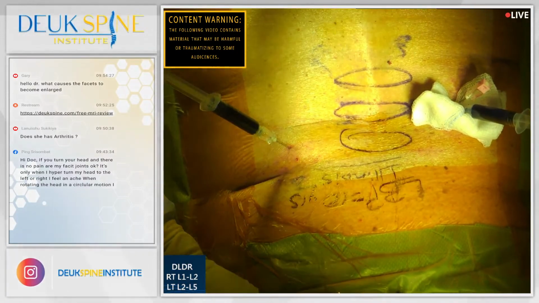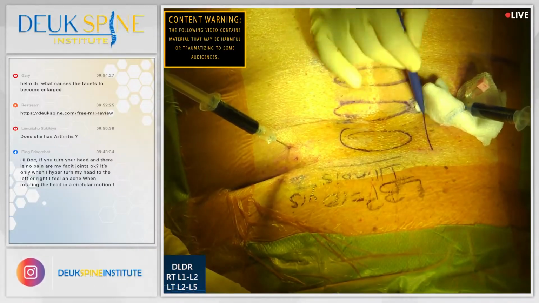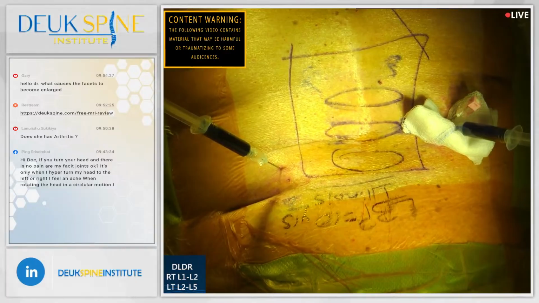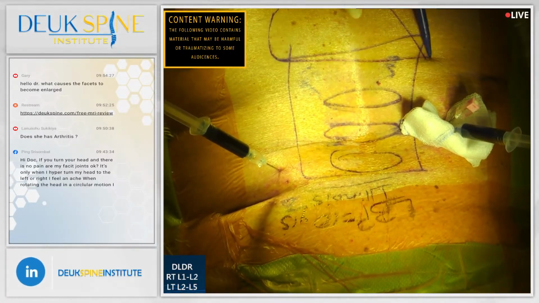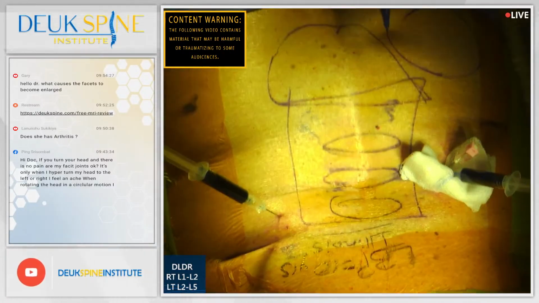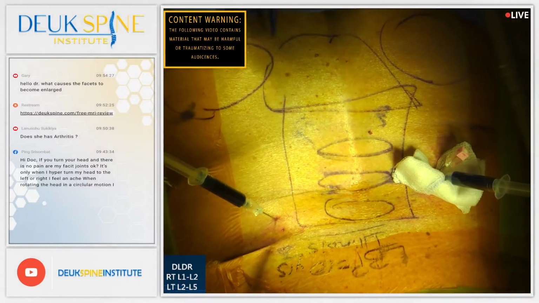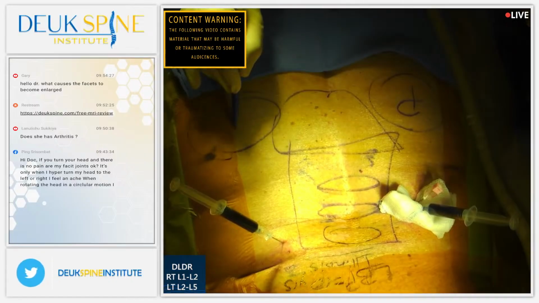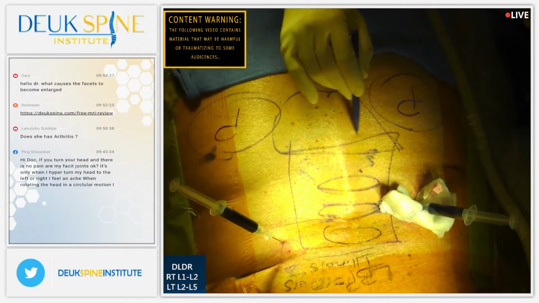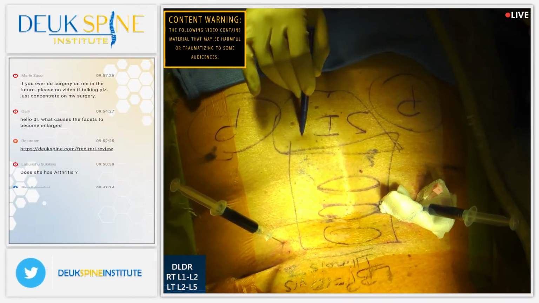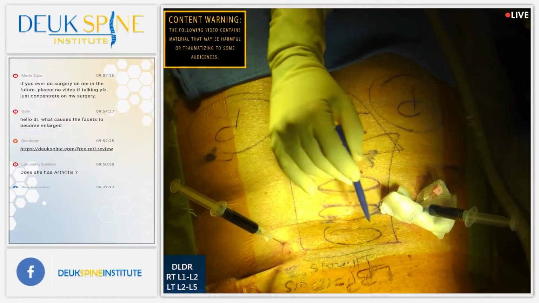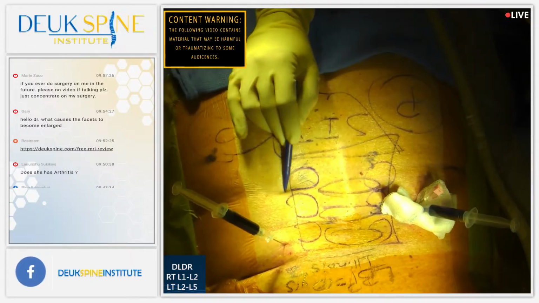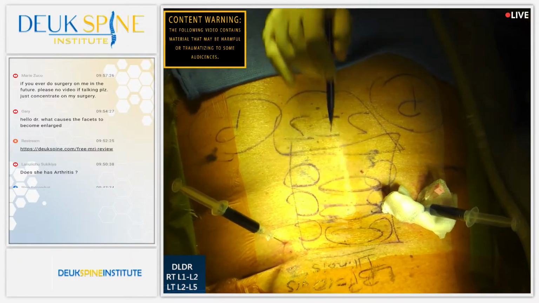When I asked her where her back pain was, she had pain here, here, and here. This is the piriformis pain. We're going to fix that later today. This is the SI joint pain. And she also had facet pain on both sides. We're going to fix that too next. But we're going to start with her discs.